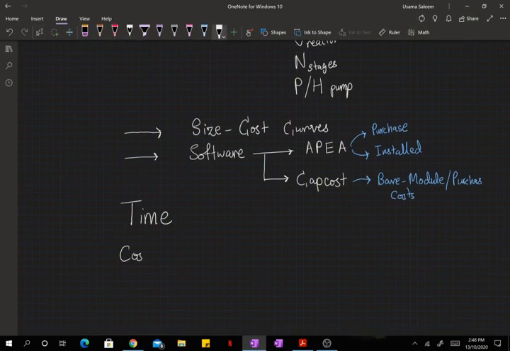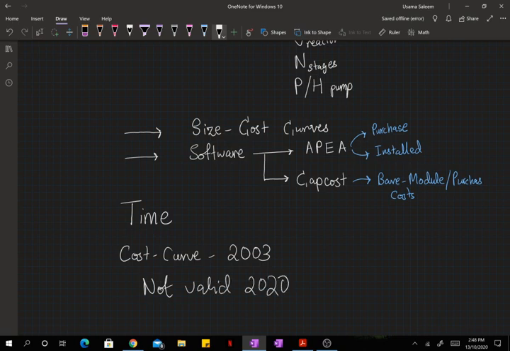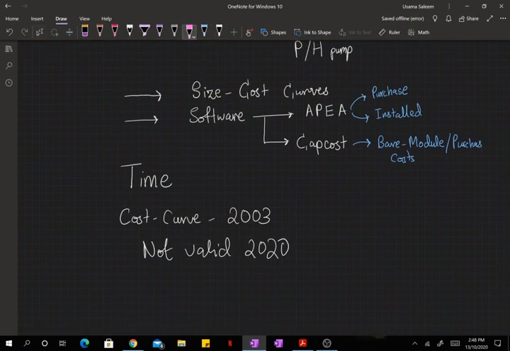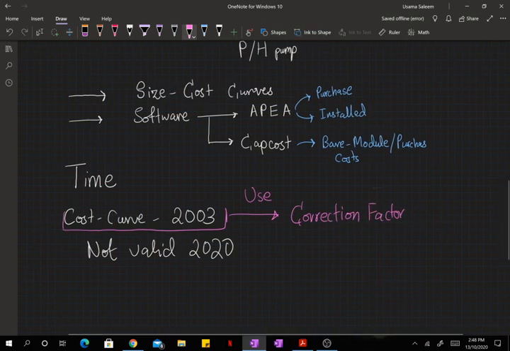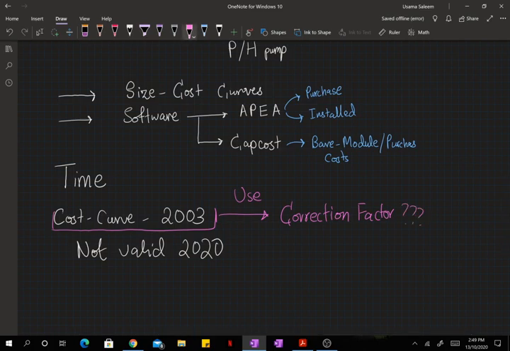If I look at a cost curve in 2003, that cost curve is not valid for 2020, of course, because prices have risen drastically since 2003. But is there some way we can remedy that? If I want to still use this cost curve, is there some sort of correction factor that will still allow me to use the cost curves from 2003? Turns out there is. It's called the cost index.